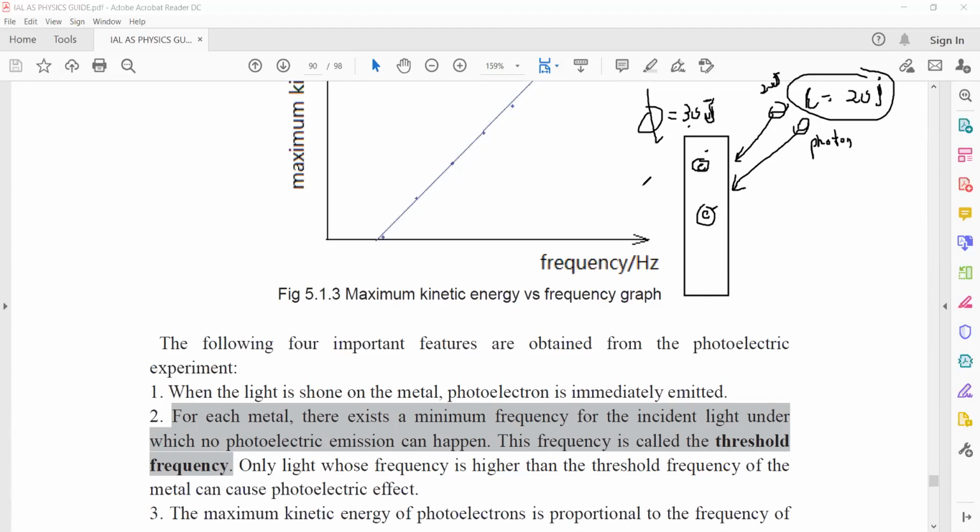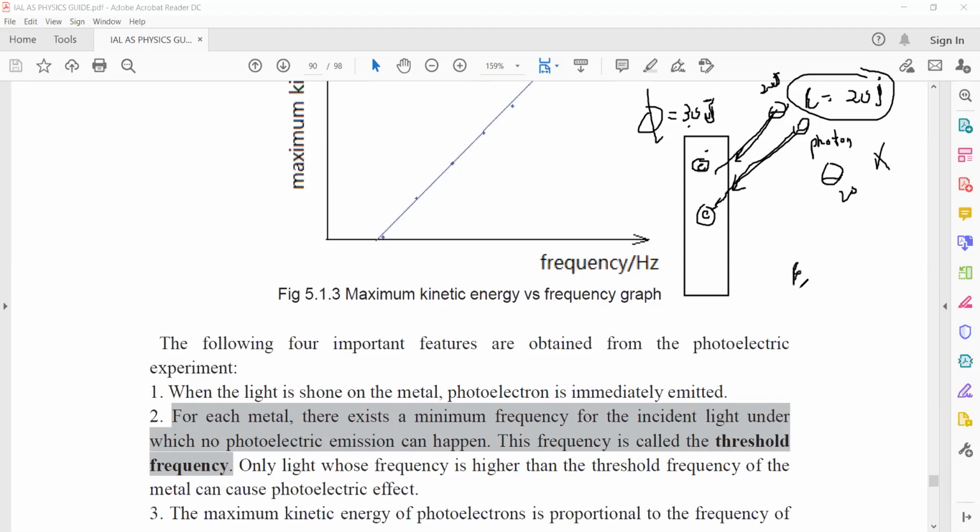In this case also there is no photoelectric effect. Why? Because one electron absorbs one photon. It cannot absorb two photons, so it cannot make up 40. It will remain 20 because each electron can only absorb one photon. So even if there is another photon with energy of 20, there will be no photoelectric effect.